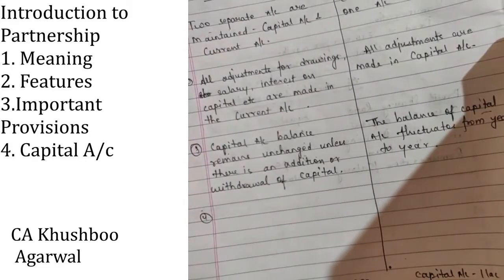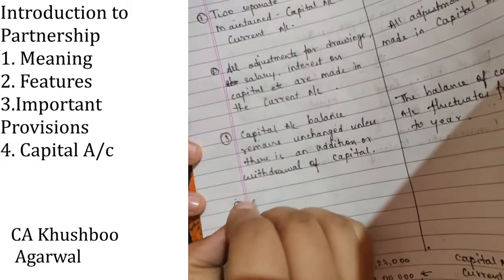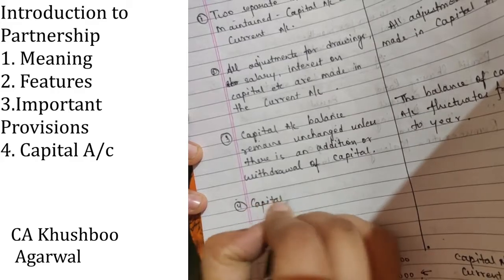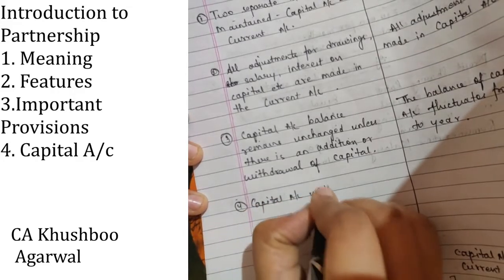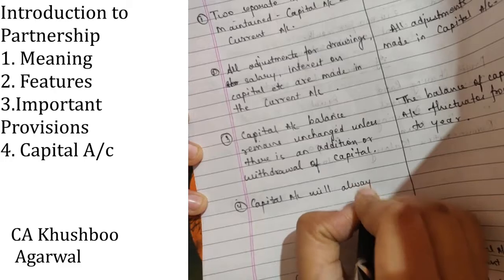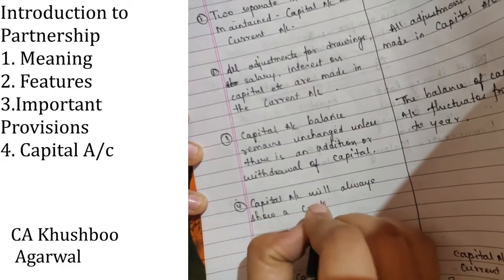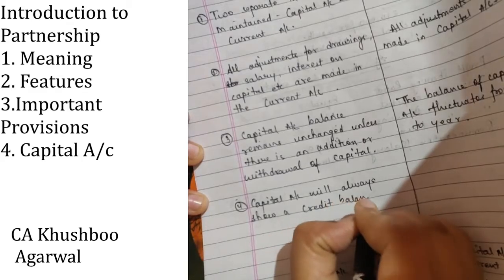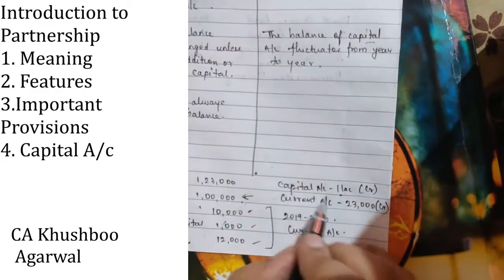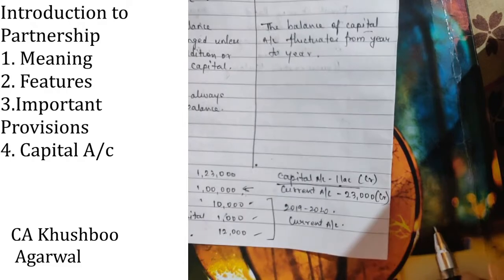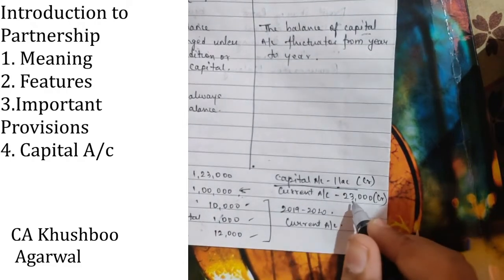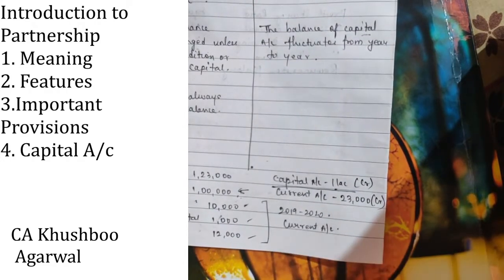Now the fourth and the last difference is the capital account will always show a credit balance. Now this is because Ram is having a capital of 1 lakh rupees. He obviously cannot withdraw more than this amount.